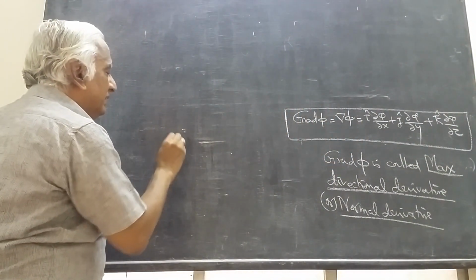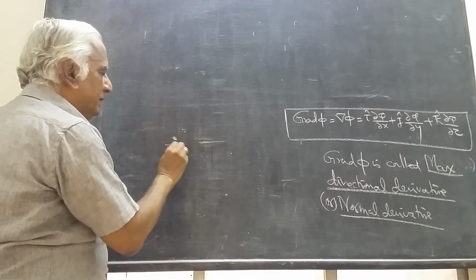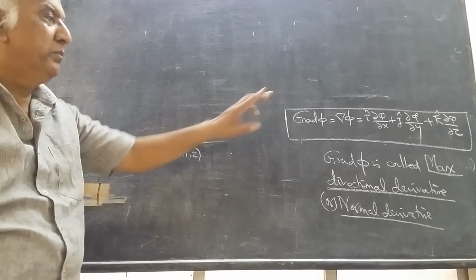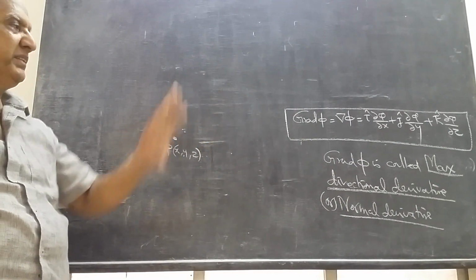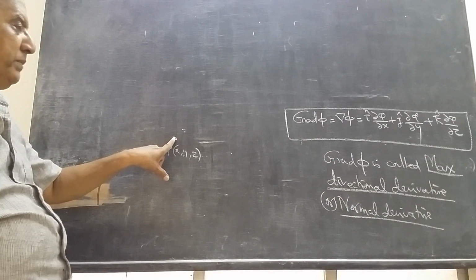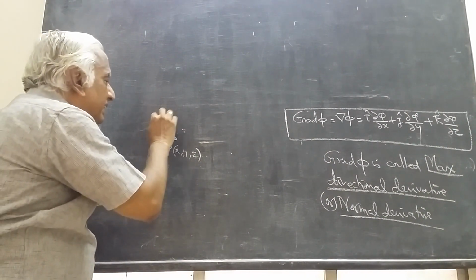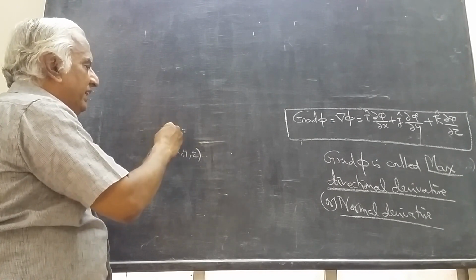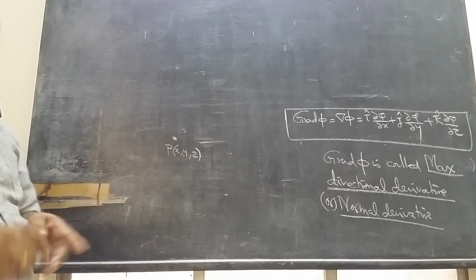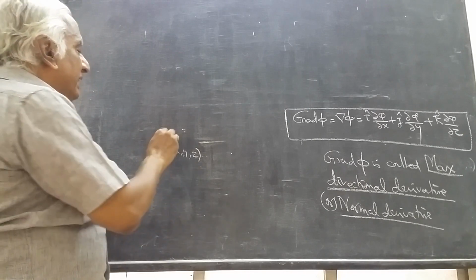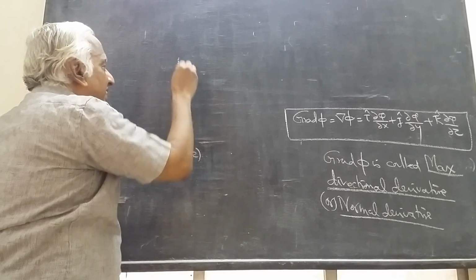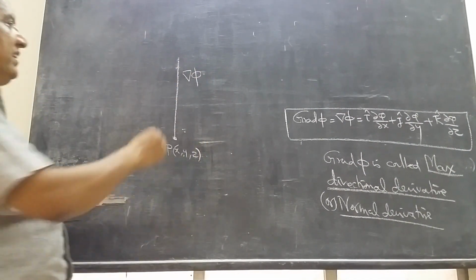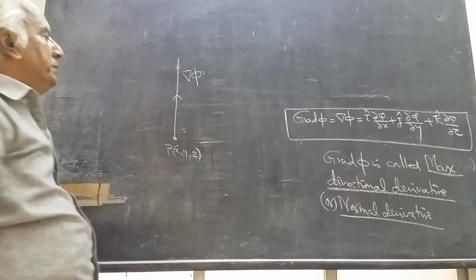Now, this is a point x, y, z. Here we find gradient phi. Phi is a scalar point function. Suppose phi represents temperature. Then temperature will change from point to point. At the point P, del phi gives you a vector, which gives direction and magnitude.